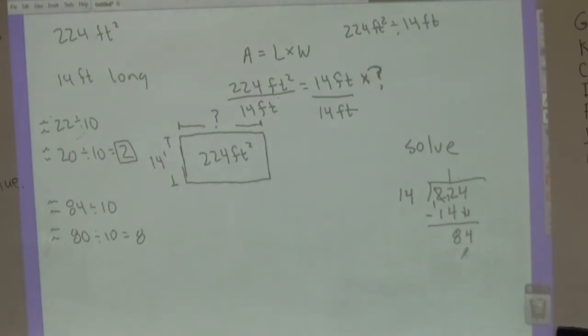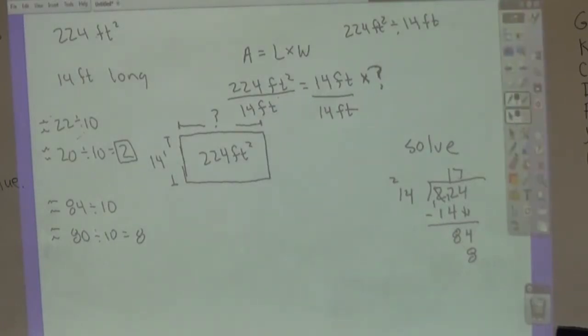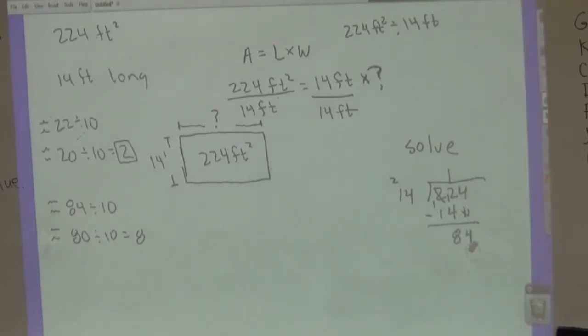That'll give us a number that's way too large. So we need to downgrade it automatically to a 7. 7 times 4 is 28. And even that, 7 times 1 is 7, plus the 2, that's too large too. So we actually have to take it all the way down to a 6.